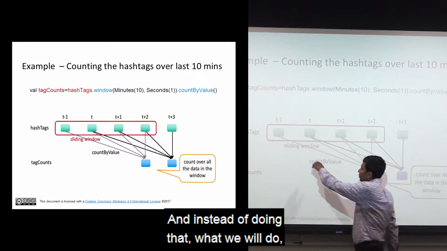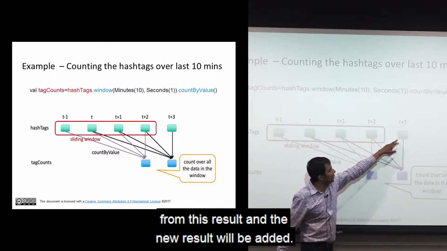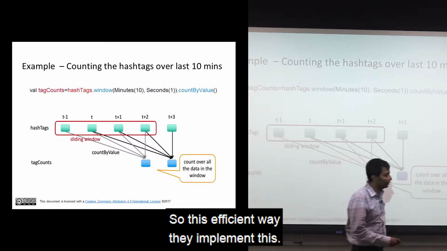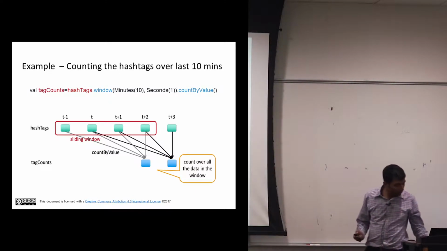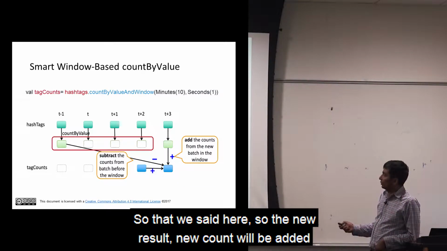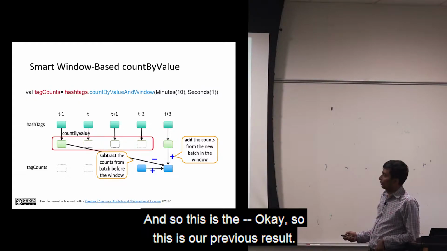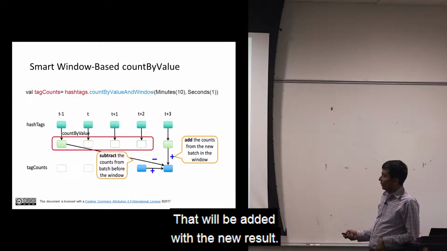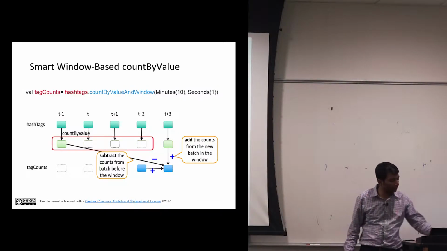Instead of doing that, whatever results we have, that part will be subtracted from this result, and the new result will be added. So this is the efficient way they implement this. So the new count will be added to the previous result, and the previous part will be subtracted. So this is our previous result, which will be added with the new result, and subtracted with only this part. That way they implement this internally.